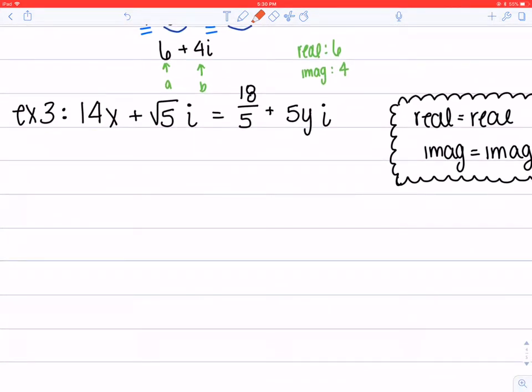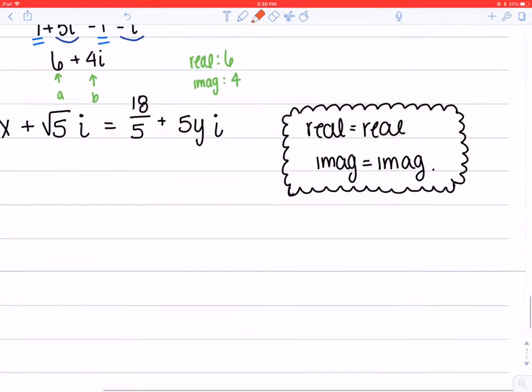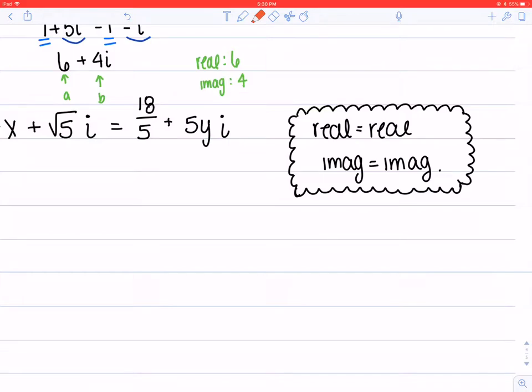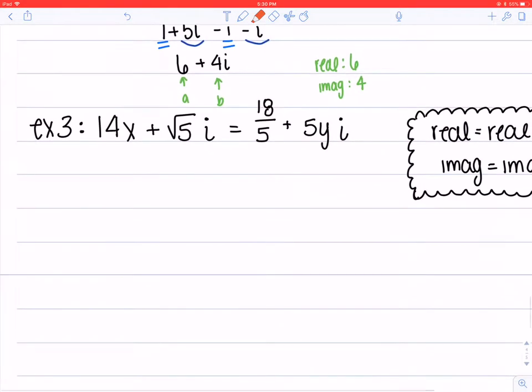Last example, I'd ask you to solve for x and y. So a little crazy, but if you know that real equals real and imaginary has to equal imaginary, there's a fancy property that says that. However, what we care is we're going to take the two real pieces, the parts that don't contain i, and set them equal, and we're going to take the parts that do contain i and set the things in front equal to each other.